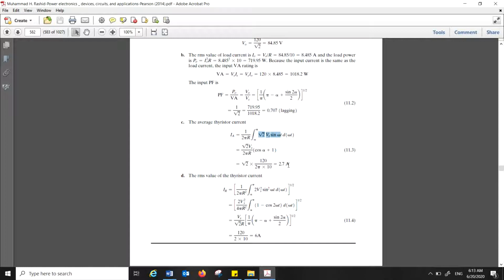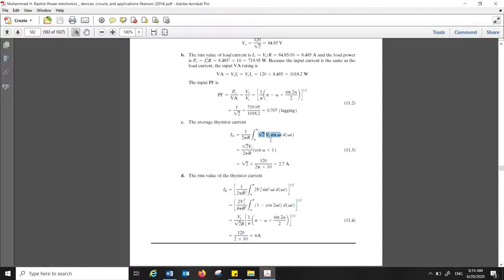Apply the limits, and we have the average thyristor current. And the RMS value of the thyristor current is the same.